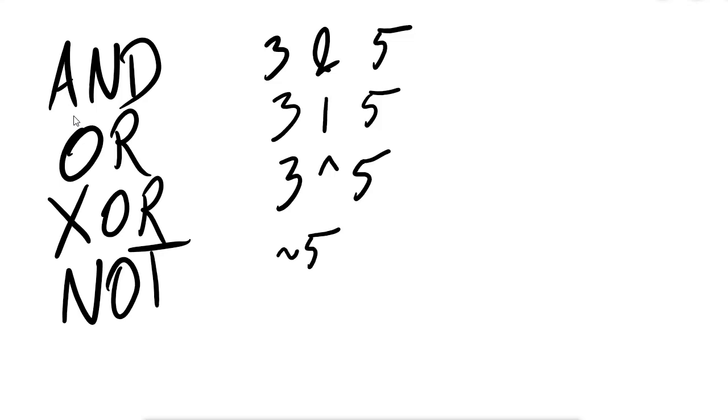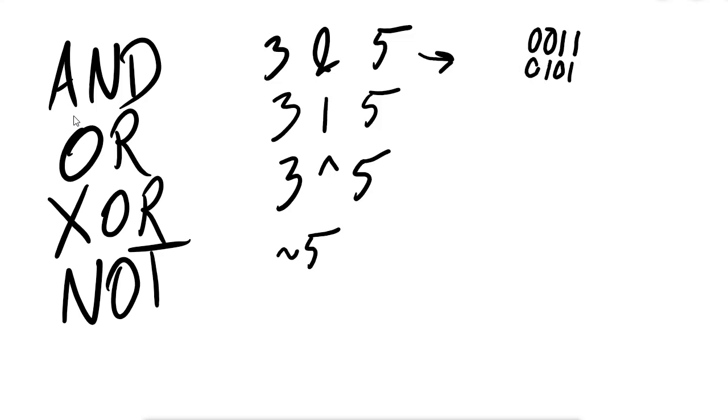So for the AND, what we need to do is convert these decimal numbers into their binary equivalents. So a 3 is 1, 1, right? And let's just fill this out to 4 binary digits. The 5 is going to be 1, 0, 1, right? The 4's place and the 1's place.